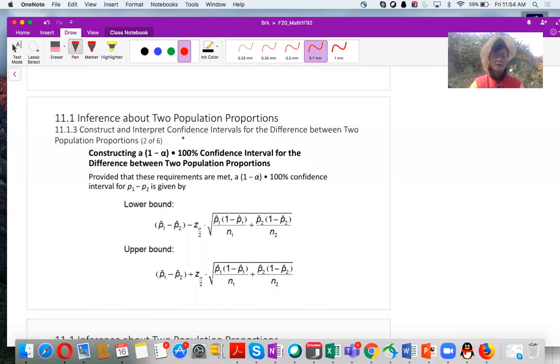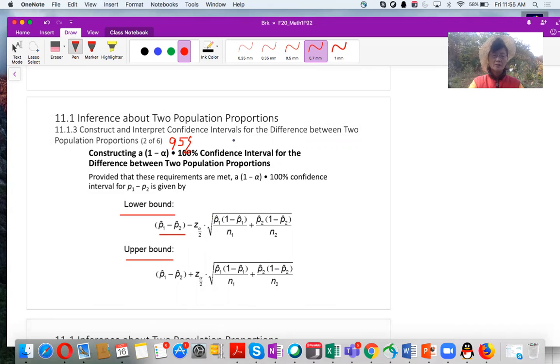When you construct, for example, a 95% confidence interval estimate, usually you need to specify the lower bound and upper bound. Those two are the formulas. So you use p1 hat minus p2 hat minus z half alpha times this square root.